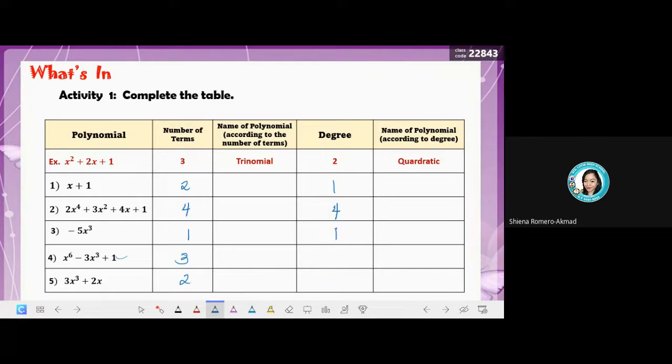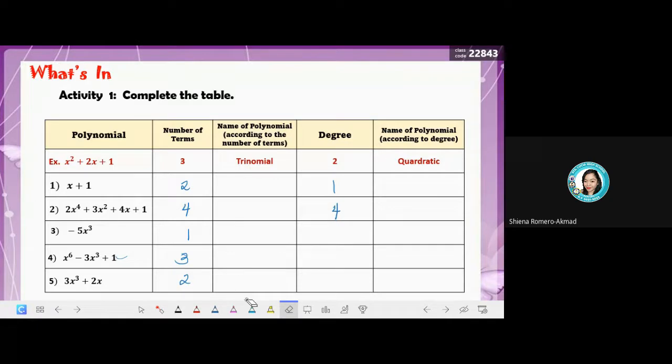Wait lang ah. Let me have number 3. 1 daw to. Do you agree? Ano ba ibig sabihin ng degree? Degree means what? Okay, tama si Castillo.